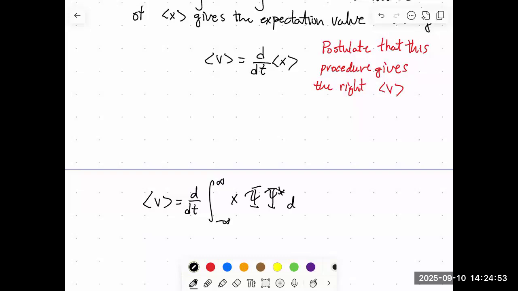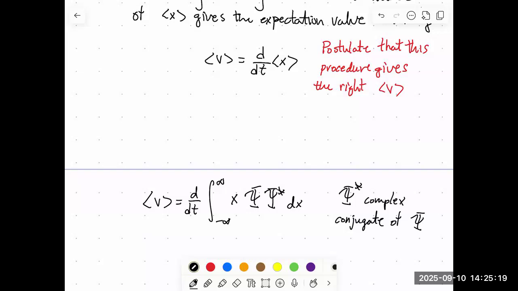Okay, so let's just emphasize that this is the complex conjugate of psi. The way you would find that is you'd write down your expression for the wave function, and wherever you see an i, you would just change it to a minus i. That's what the complex conjugate does.